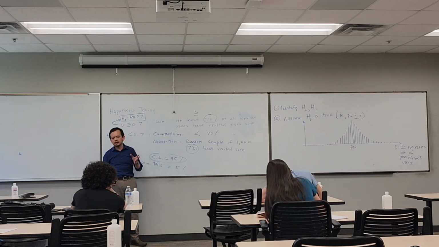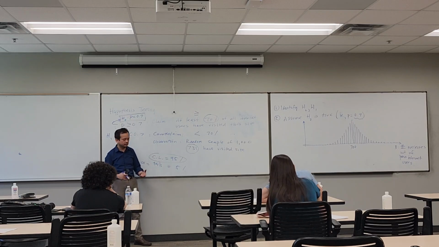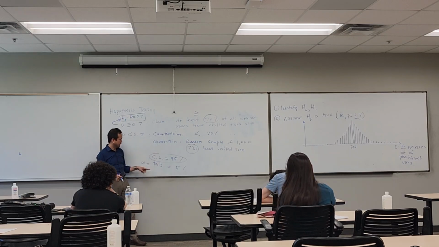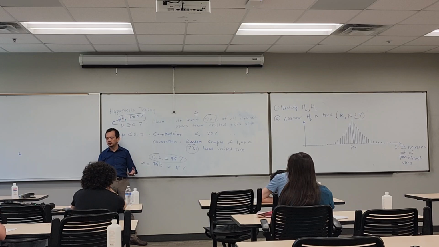But remember, last class, we also said that in hypothesis testing, you can have either one-tail or two-tail hypothesis tests. That means that alpha either is on one tail or is divided across two tails. It turns out that it's really easy to determine whether we have a one-tail test or a two-tail test.